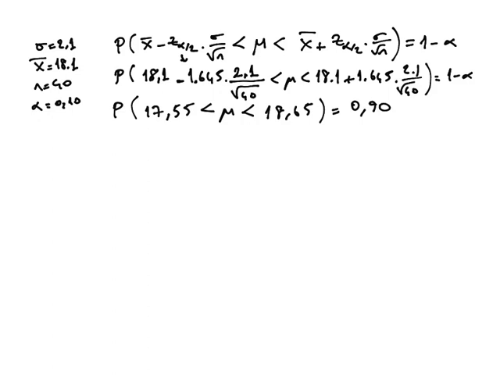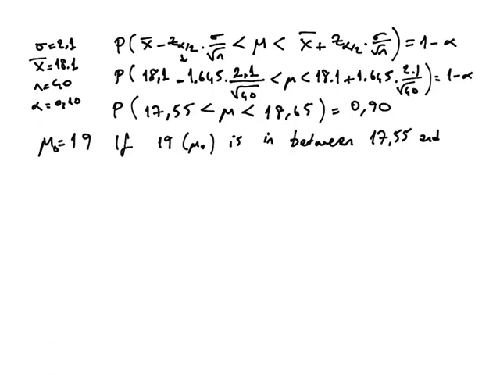So how can we understand about the hypothesis? Our mu0 is 19. If 19, or mu0, is in between the lower bound and upper bound, we cannot reject H0.